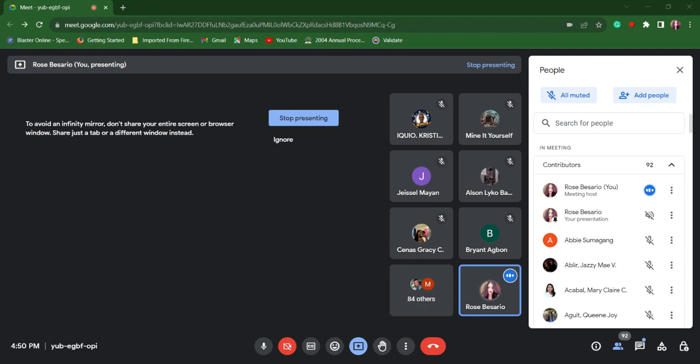Okay, last one, rendered services for cash but made no record of the transaction. Revenue, understated. You did not record revenue, so understated. Expenses, not affected.